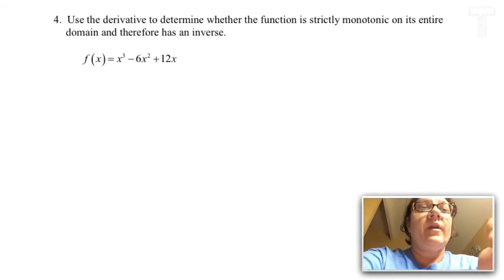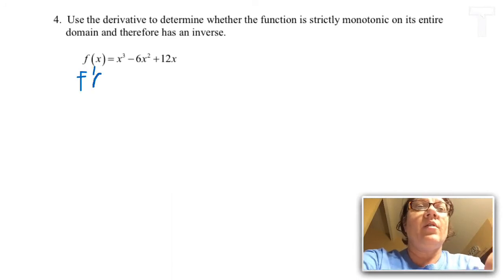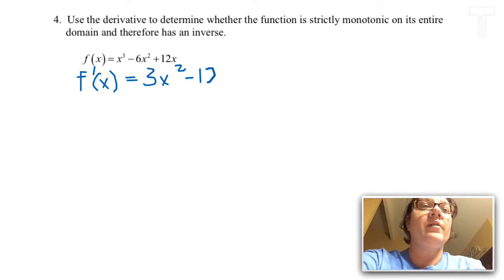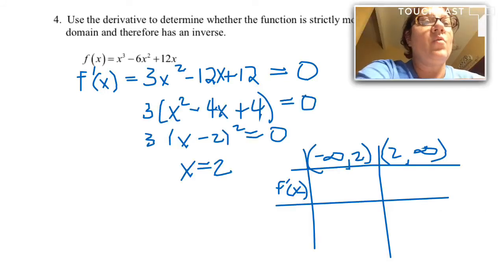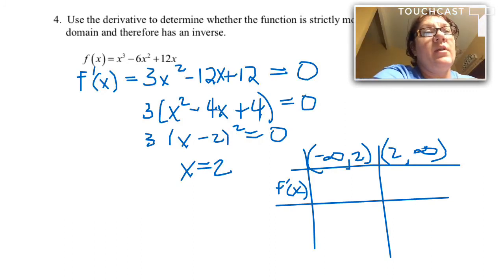So in this one, if I use the derivative, I can determine, based off of the slope, if it's strictly monotonic or not. So I'm going to set it equal to 0 and figure out what those x values are that are going to divide it up. And remember all the way back to chapter 2 where we were doing this.